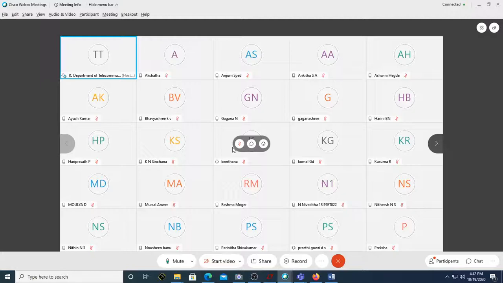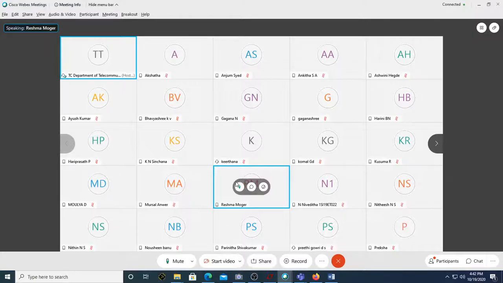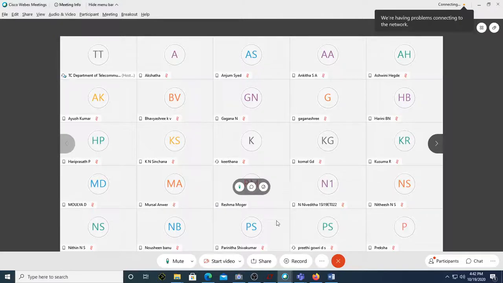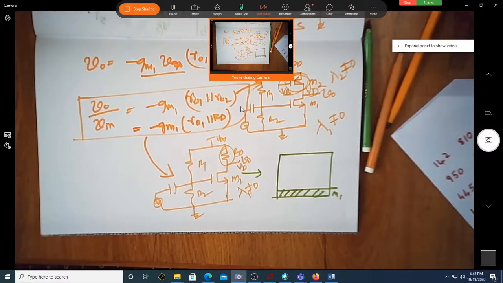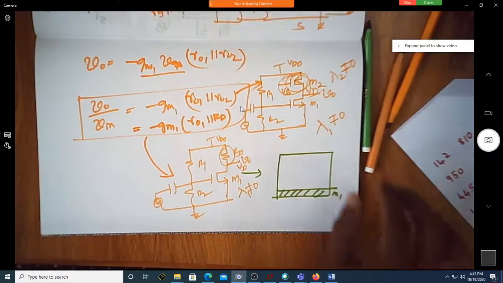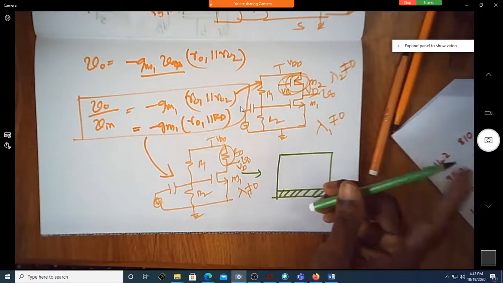Can I share it? Having network problem to connect. Okay, I think now it's visible. Reshma ji? Yes, sir. It's visible.